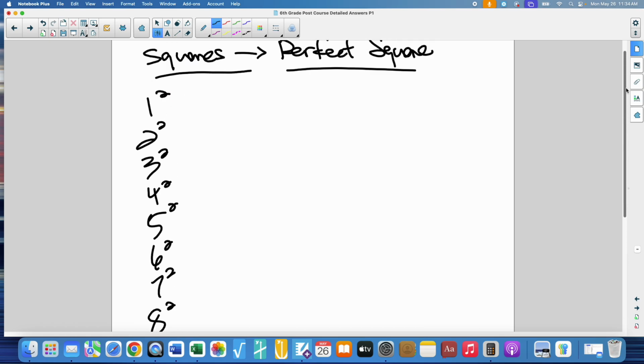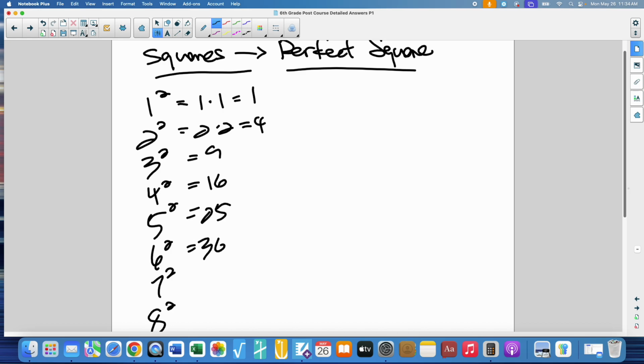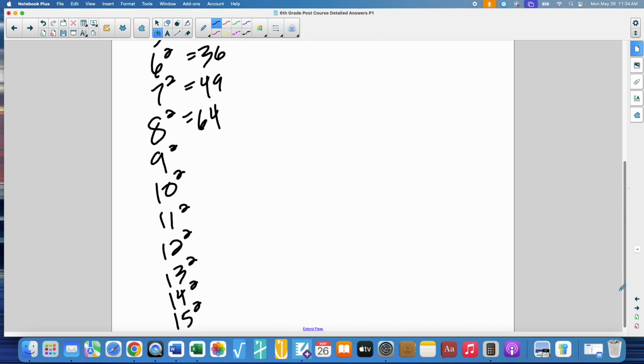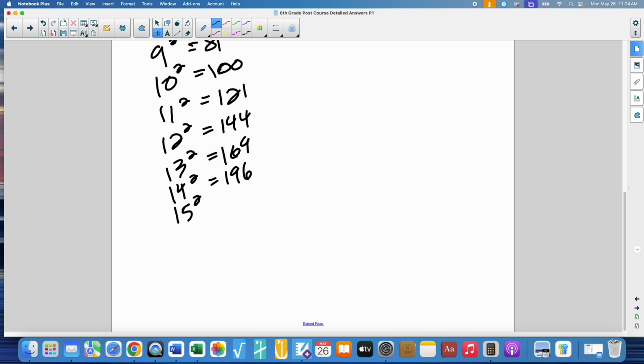So 1 squared is 1 times 1, which equals 1. 2 squared is 2 times 2, which is 4. 9, 16, 25, 36, 49, 64, 81, 100, 121, 144, 169, 196, 15 is 225?